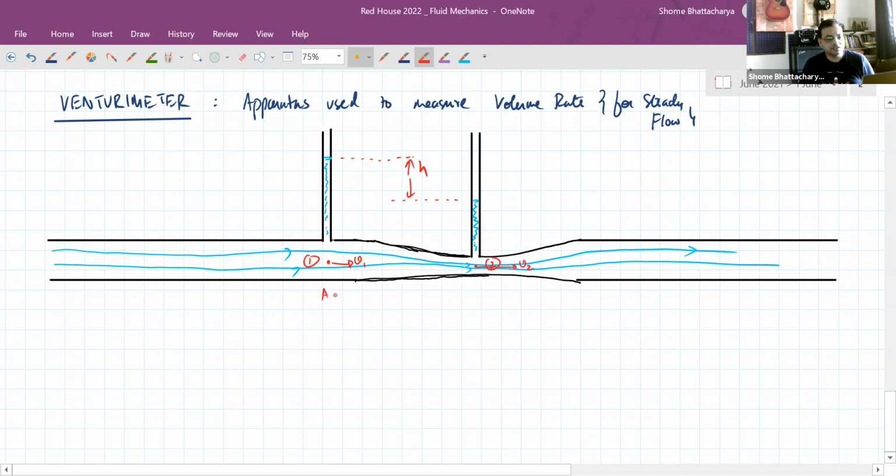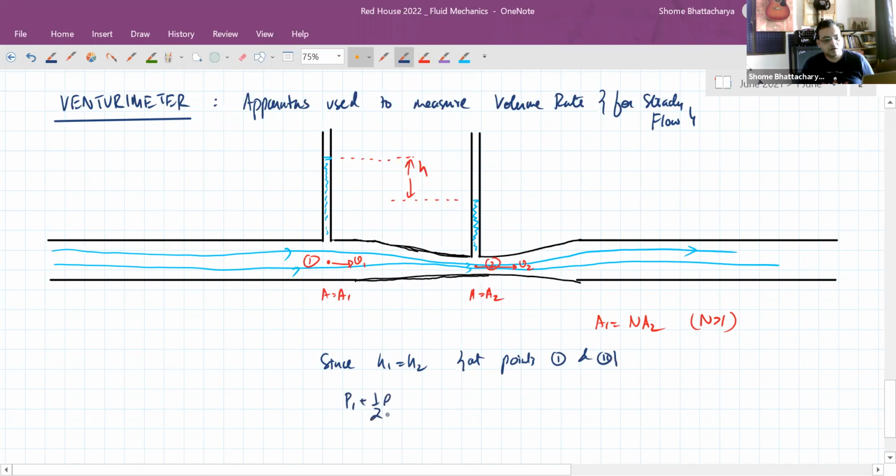So if we know the area of cross section here is A1, and the area of cross section here is A2, for example A1 is equal to n times A2, where n is a number greater than 1. Then by applying Bernoulli's equation, since H1 is equal to H2 at these two points, at points 1 and 2, P1 plus half rho V1 square is equal to P2 plus half rho V2 square.